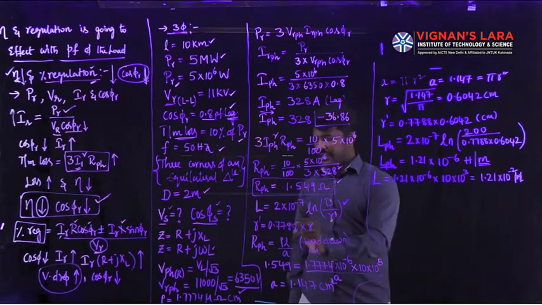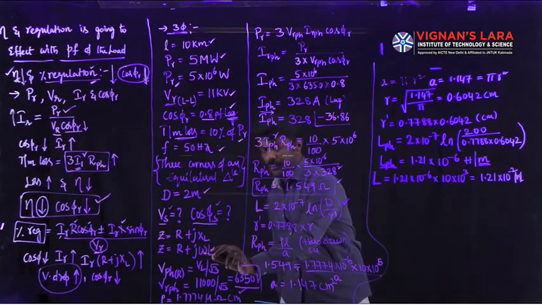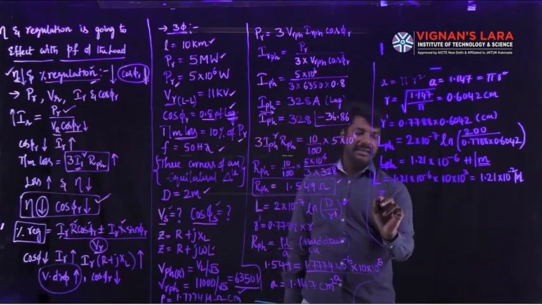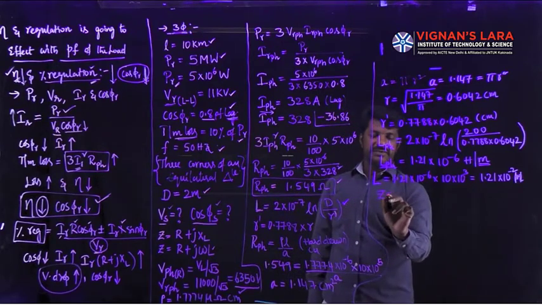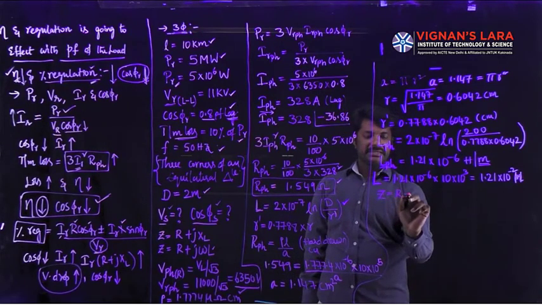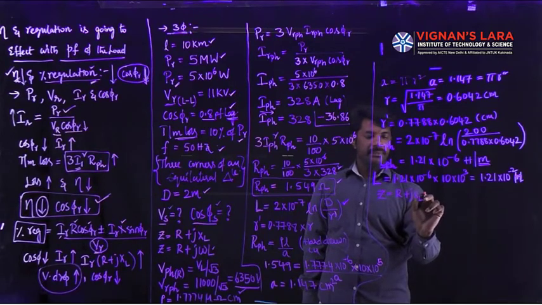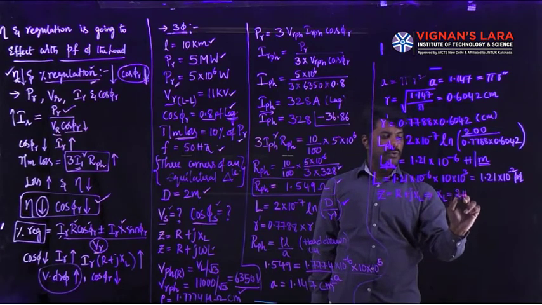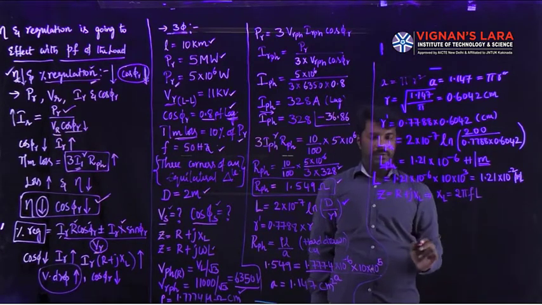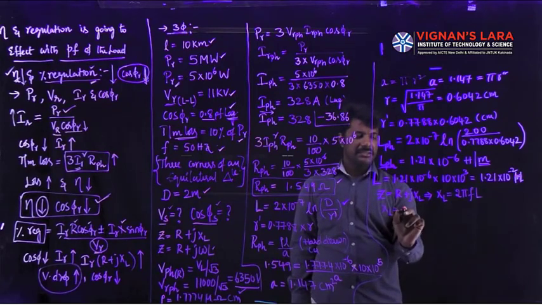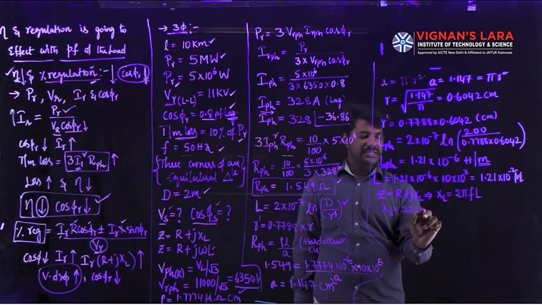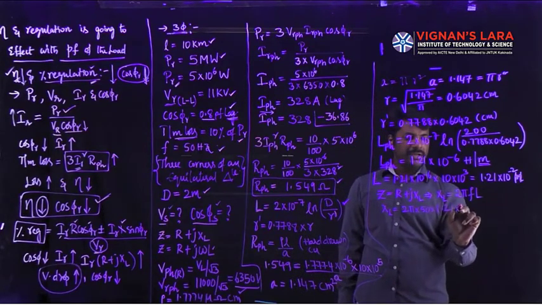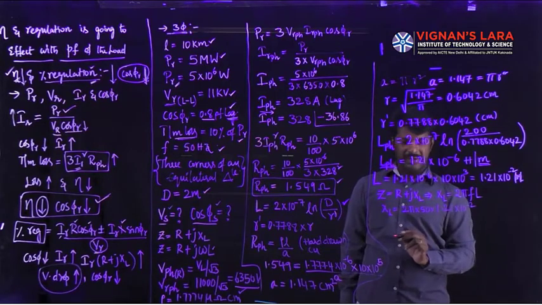What we actually want is, from L, multiplication with omega gives us XL, called reactance. Then let me find out the impedance Z, which is equal to R plus j XL. Here XL is to be calculated, which is equal to 2 pi f L, that is 2 pi, frequency is 50 Hz, and the calculated L value is 1.21 into 10 power minus 2 henries, for the 10 kilometer length.